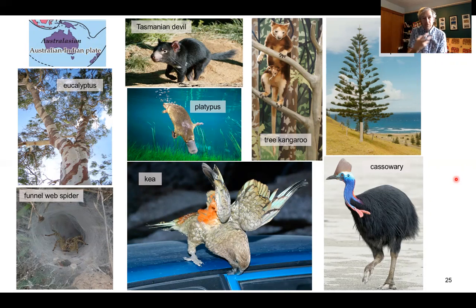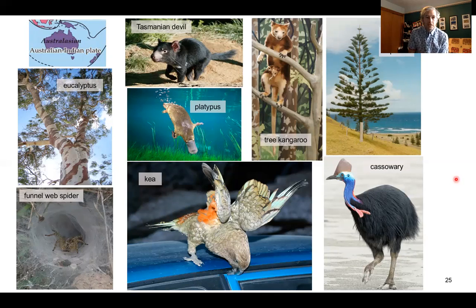So when Australia separated, the only mammals on the planet were marsupials, pouch mammals. Placental mammals don't have a pouch, they have a womb. So you and I, my cat, my dog, mice, cows, sheep, all of those are placental mammals. The vast majority of mammals on the planet are placentals.